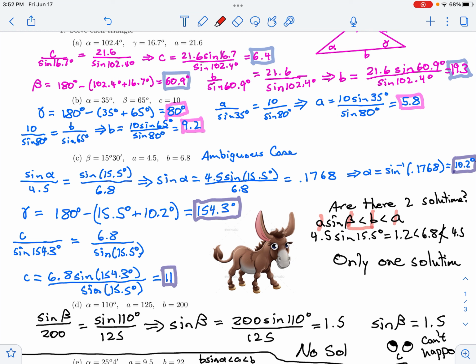Notice how beta and B are right next to each other, and A is like the bread of the sandwich.